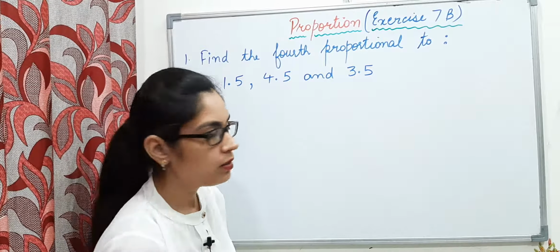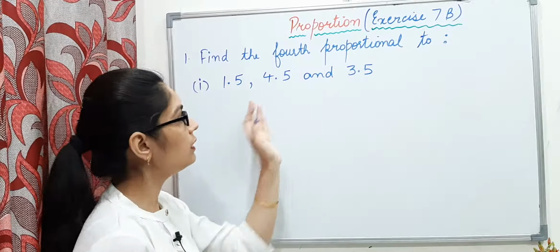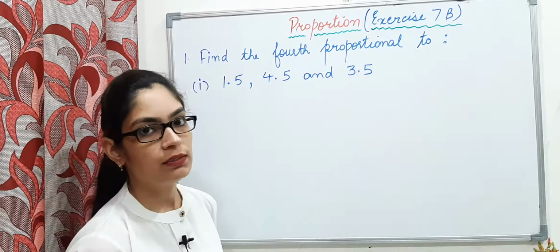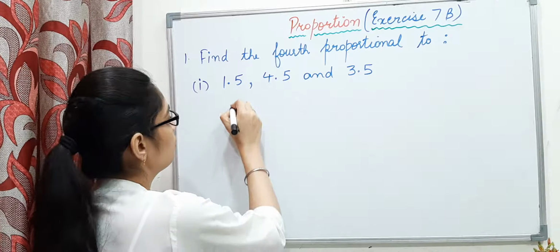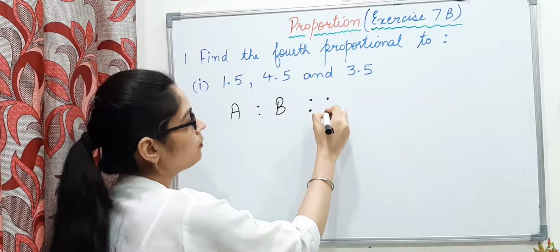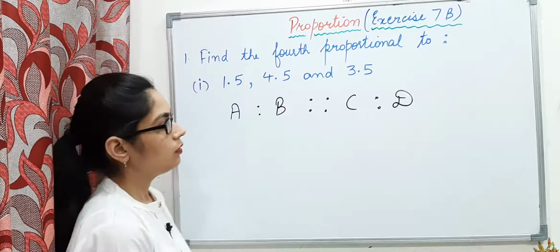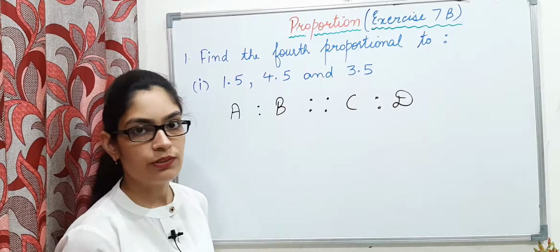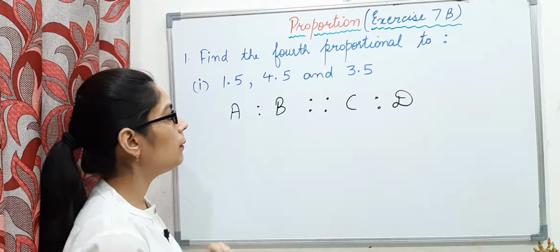So in the first question of the exercise, it's mentioned to find the 4th proportional to this. In the first part, A, B and C are given to us, and like I have already told you, D is the 4th proportional. So I will write it this way: A is to B is proportional to C is to D. They have mentioned the fourth proportional, so that means all these are proportional to each other, that is already given. So that is why I am applying this direct result here.